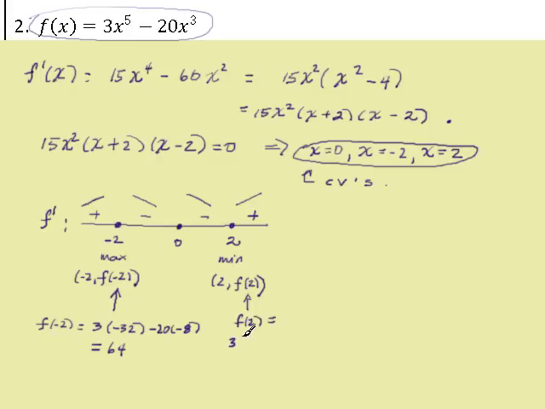F of 2 is 3 times 32 minus 20 times 8, and this comes out to negative 64. So we have a max at minus 2, 64 and a min at 2 comma minus 64.